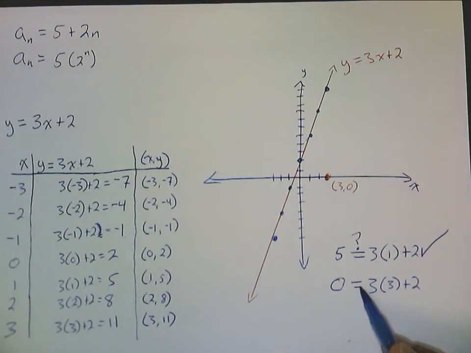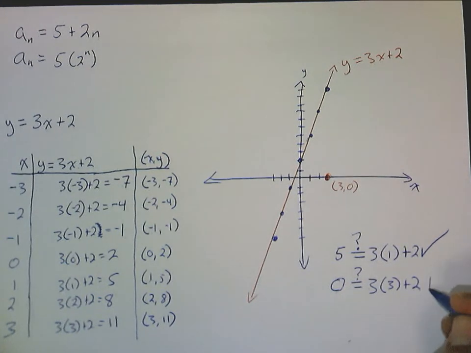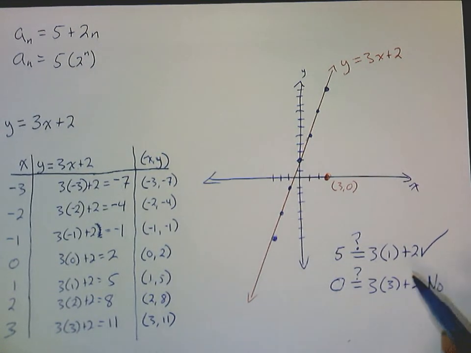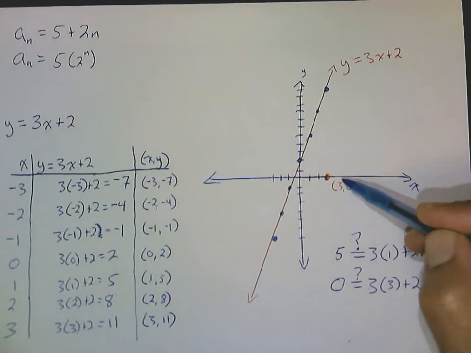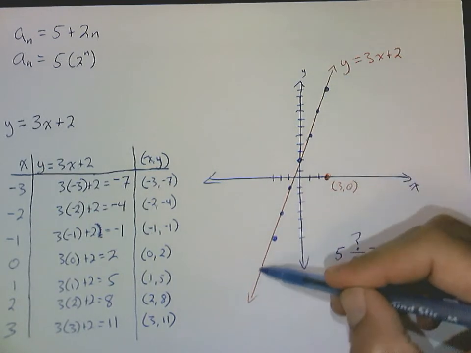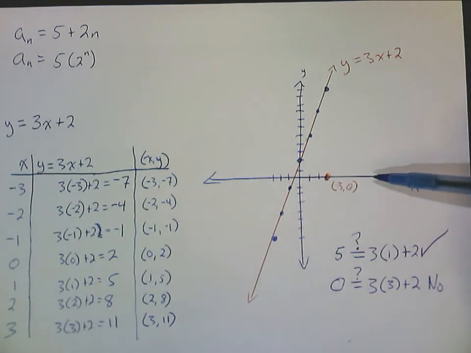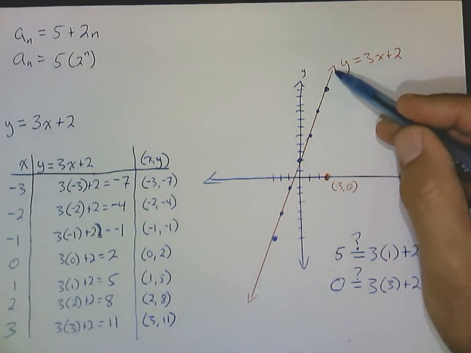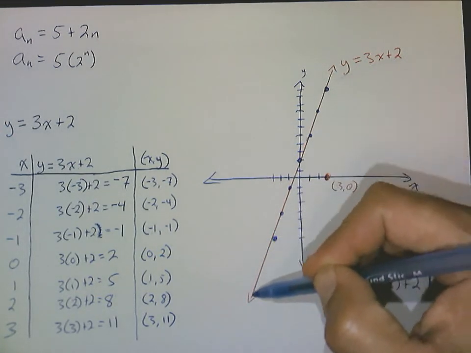And we say 0, is that actually equal to 3 times 3 plus 2? Well, 3 times 3 plus 2 is 11. 0 is definitely not 11. So, no. So that tells us that the point 3, 0 is not in the collection of points that make up this line. So that's why this equation is actually a good name for this set of points.